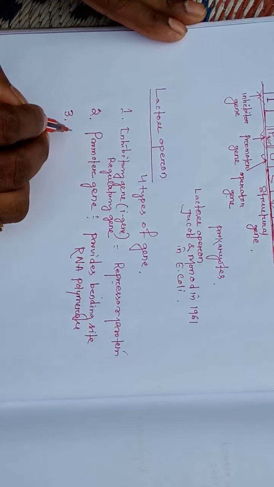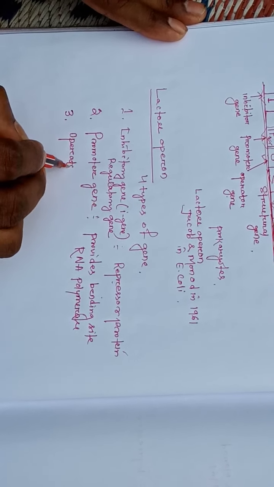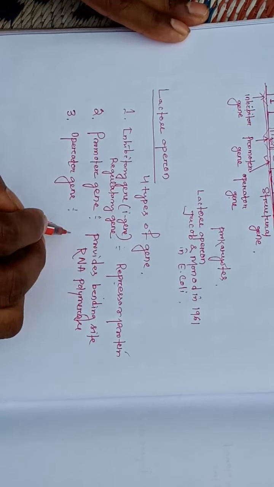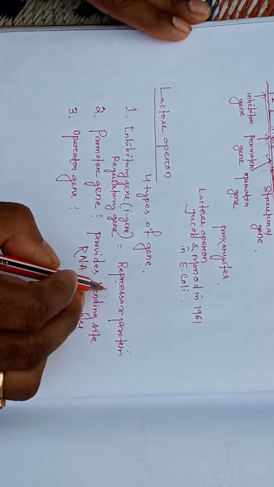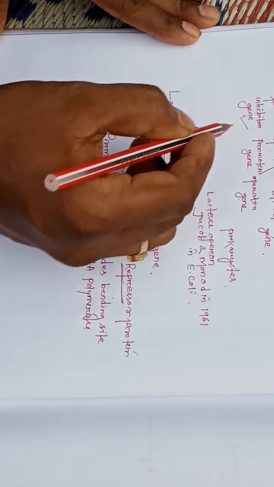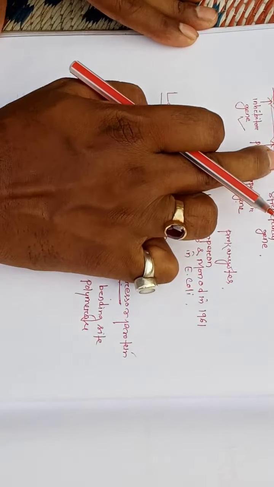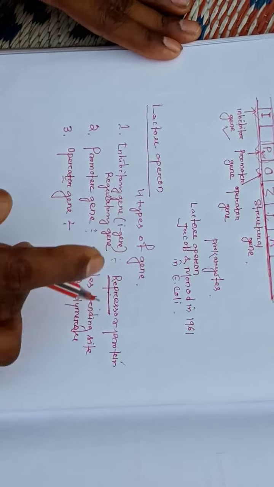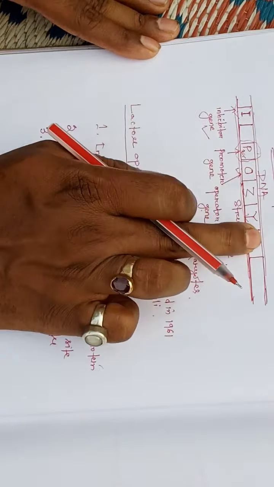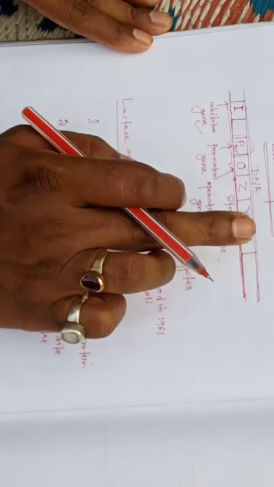The third is the operator gene. The operator gene receives the product of the inhibitory gene, that is the repressor protein. When this operator gene is covered over by the repressor protein, the functioning of the operon is stopped, meaning the operon is switched off or turned off.